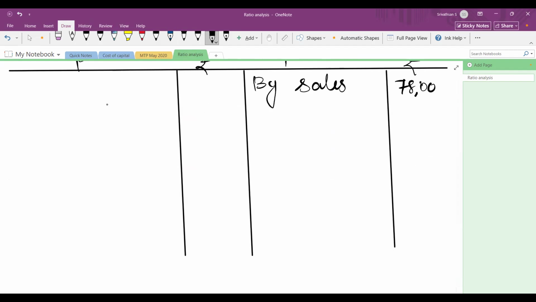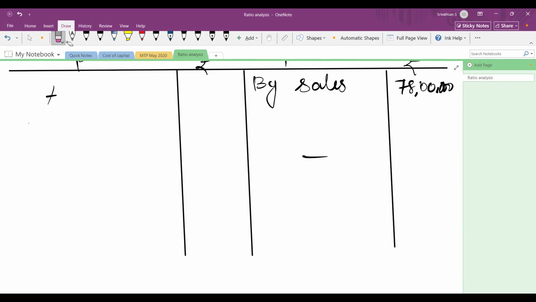78 lakhs. Now listen, on the debit side, first what do we write? To opening stock, right? Listen, in this question, we are assuming opening stock and closing stock are the same. So it will cancel out each other.